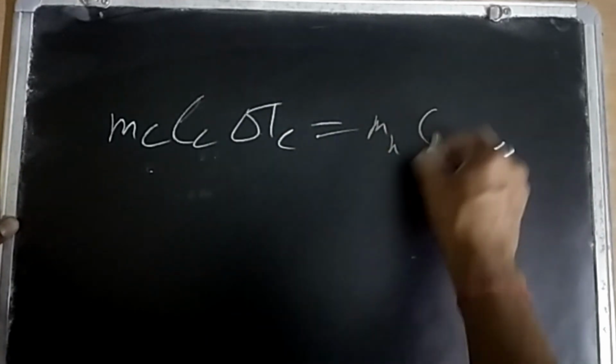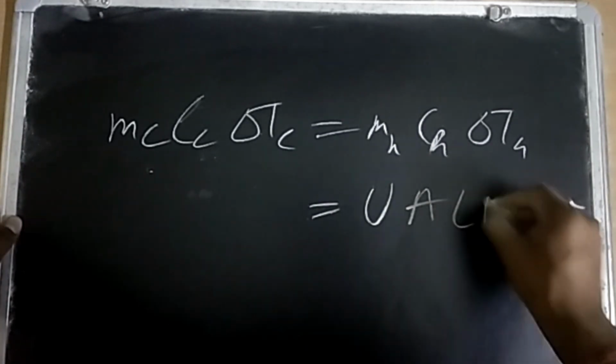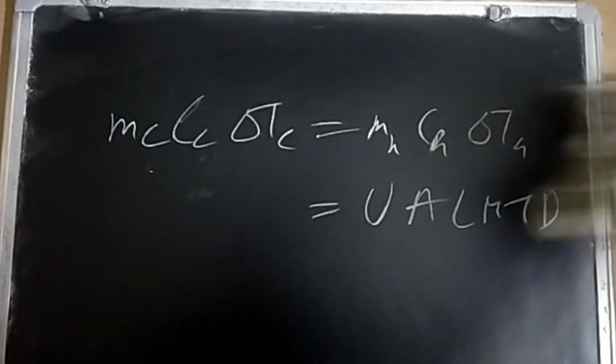Okay, now let's move on to one more thing, and we have done this. You note this: M Cp hot delta T hot is equal to M Cp cold delta T cold, that is UA LMTD. Okay, this is a balance.